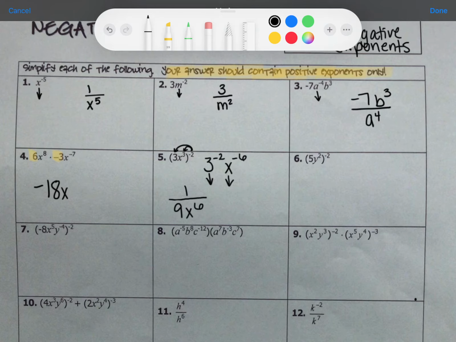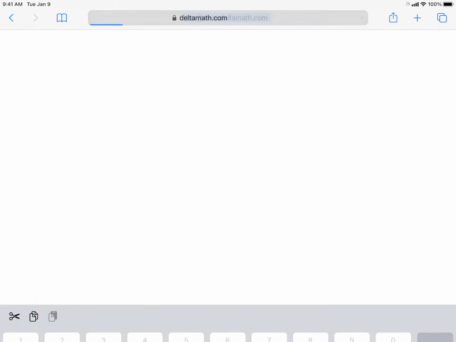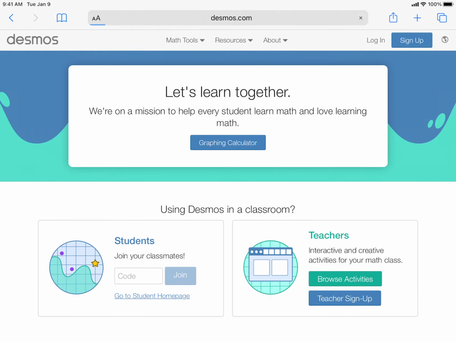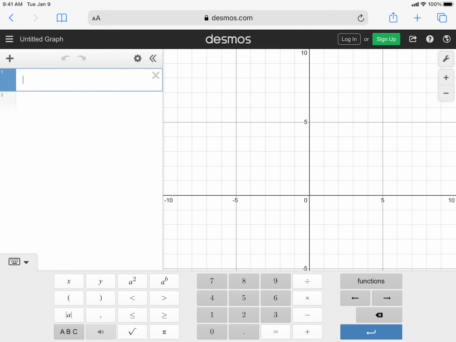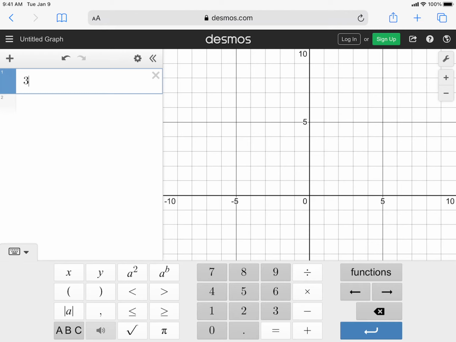Because if you put in your calculator 3 to the -2 power, let me see if I can pull up my Desmos for you. So on my Desmos here, that's as big as it's going to get. All right, so if I put 3 and I do, let's see here, how am I supposed to get my exponent up here? That one, but I want it to be negative. Can I squeeze a negative in there? Boom.